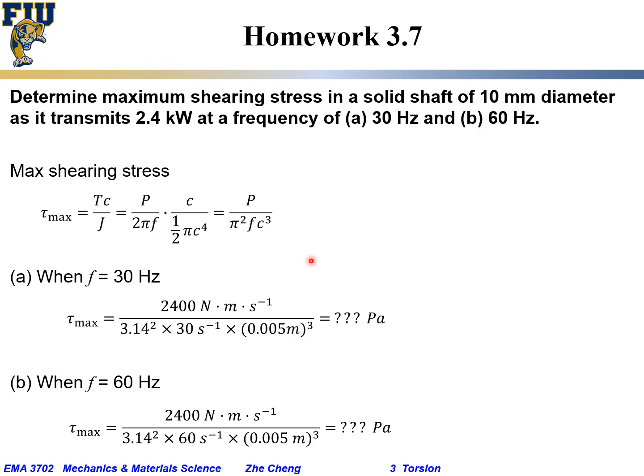The diameter is 10 millimeter, so the radius would be 5 millimeter or 0.005 meter, and you get the answer. Similarly, when the frequency is 60 Hertz, everything would be the same except the frequency would be 60 per second, and you get the other answer.